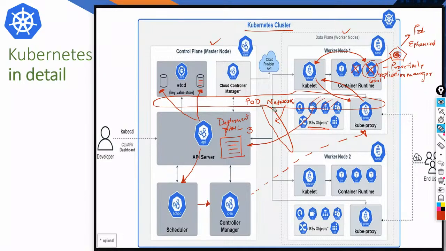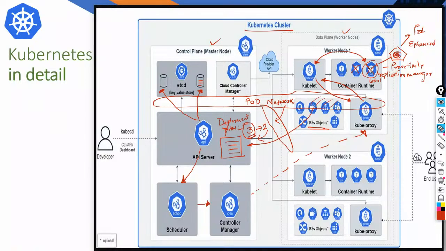So when the 3 becomes 2, that means 1 is down. Immediately the API server will consult the deployment manifest and say that they always wanted 3 pods of the same application to be running at any point of time, but 1 is down. So I will have to get it back to 3.